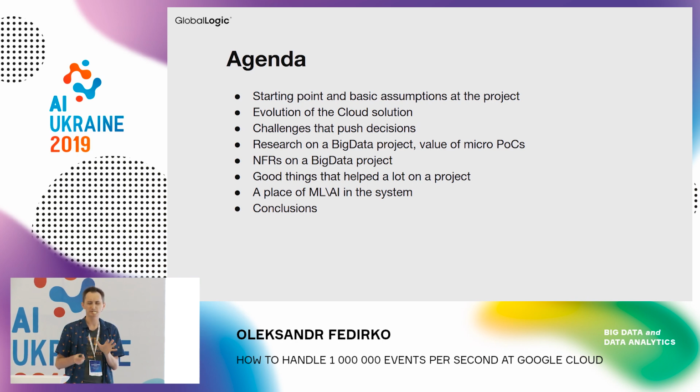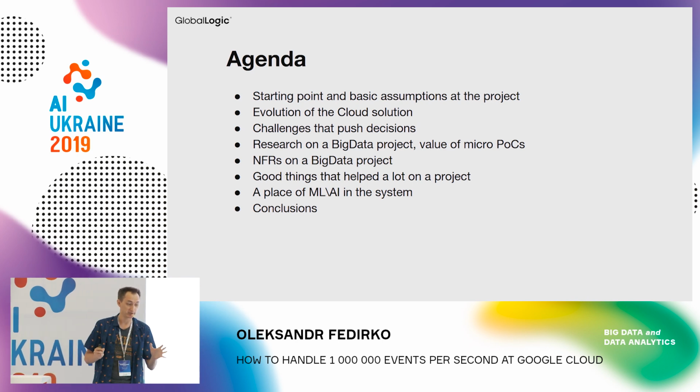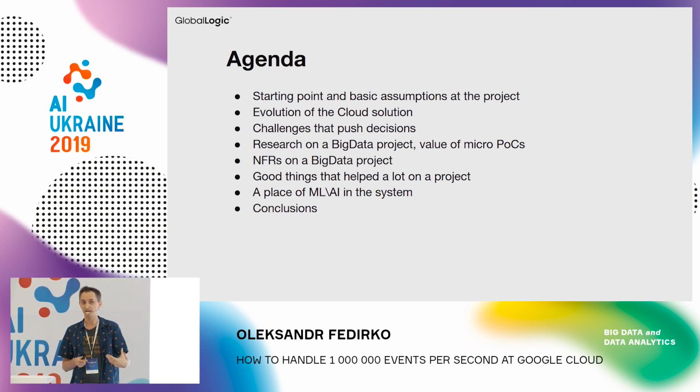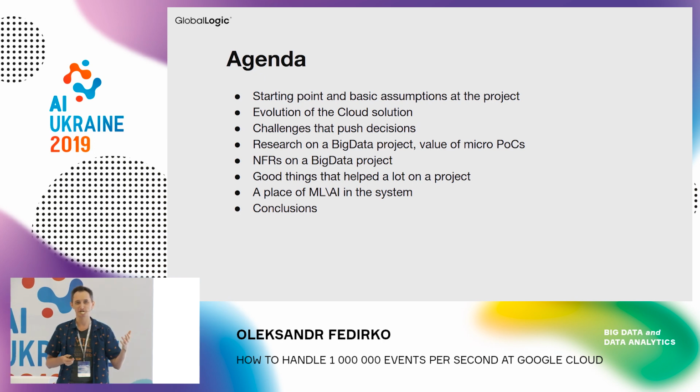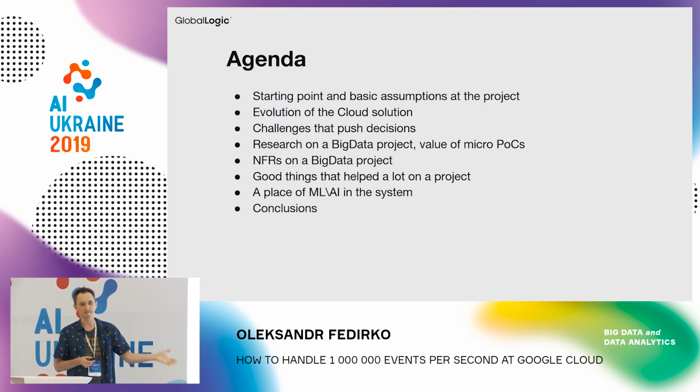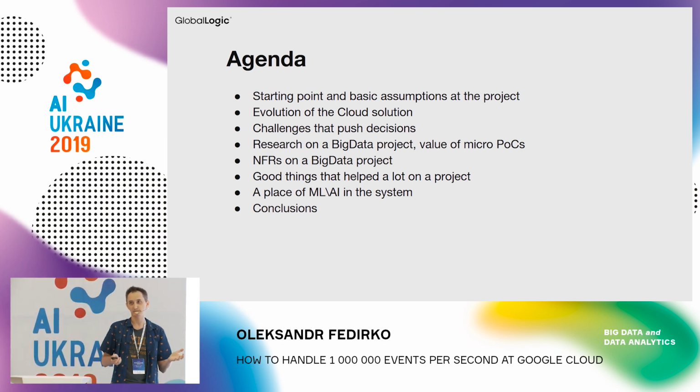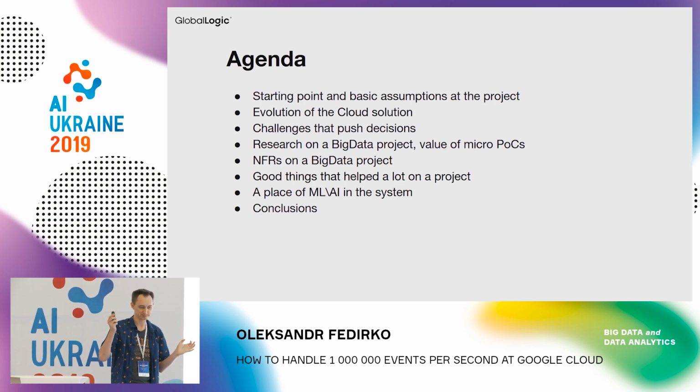When you start a project, you don't think about non-functional requirements very well, but they really affect your decisions so hard you can't imagine. And I will briefly jump to AI. Are we at an AI conference or not? So I will show you where AI is placed in this project. And at the end, I'm going to make quick conclusions.